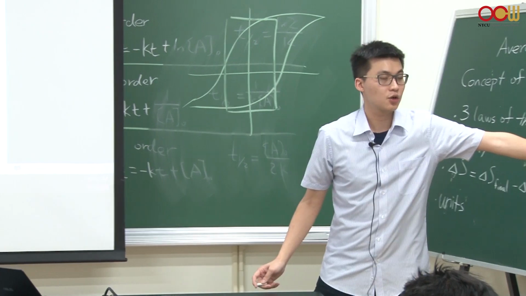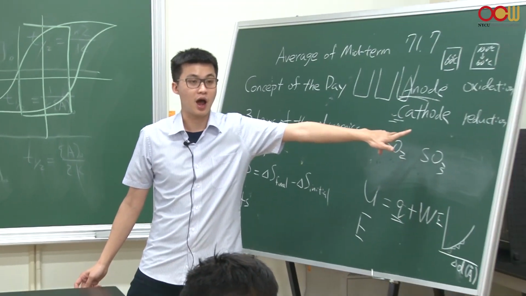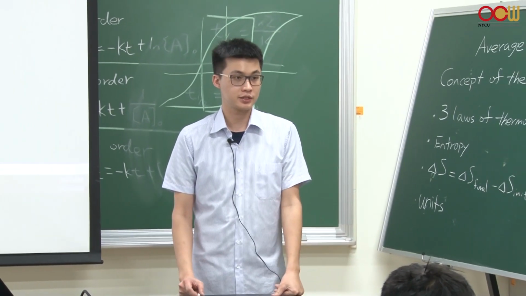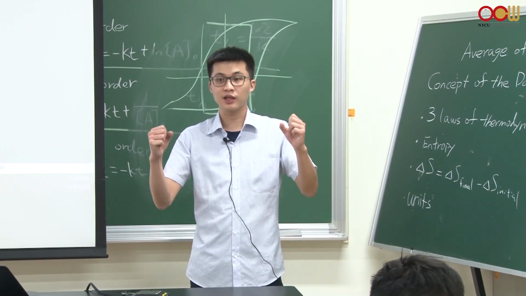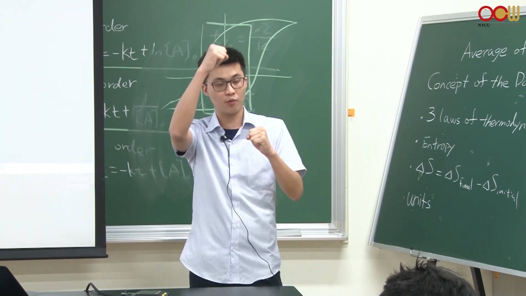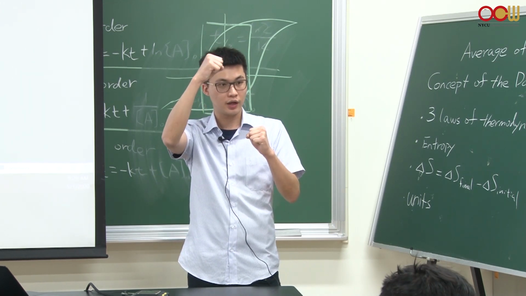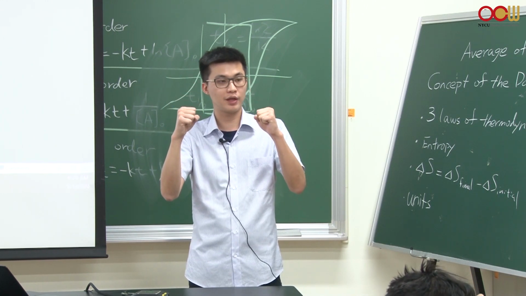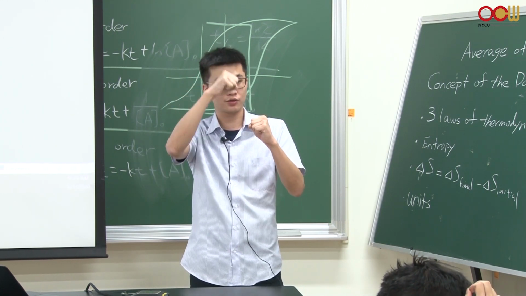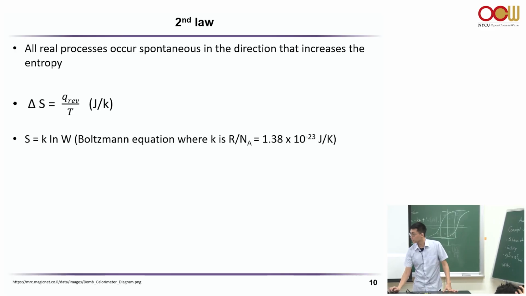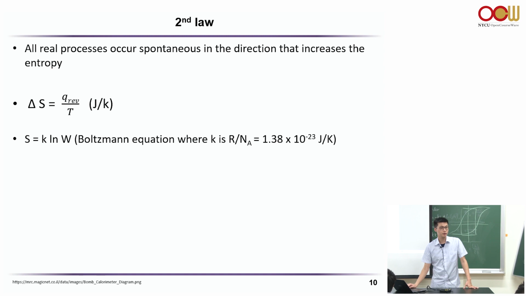But think about SO3. It has 3 oxygens. So you have more scenarios of such motion that can happen, right? 3 of the oxygens can come in and out, or 2 of them can come in and out, with 1 oxygen not moving. And then the third scenario is where 2 of the oxygen atoms don't move, and you have 1 oxygen moving in and out, okay? So degree of freedom can also be predicted.